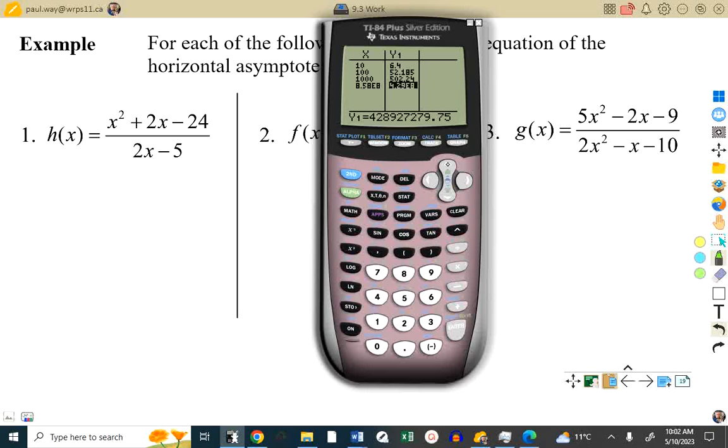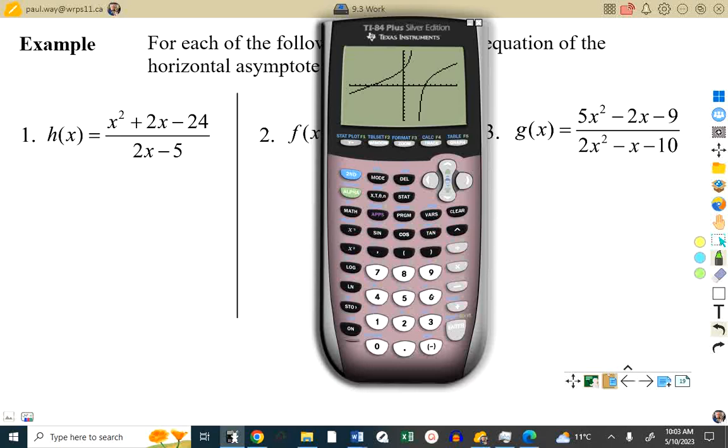And by the way, we don't have to look in the left direction in this course. Looking to the right is good enough. You know, if you wanted to, you could look at the graph, zoom 6. You could see that the first part to the left of the vertical asymptote just keeps going up more and more and more.